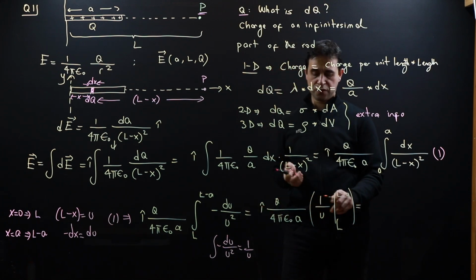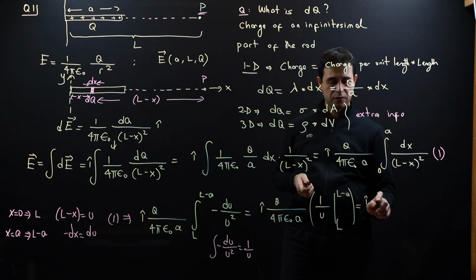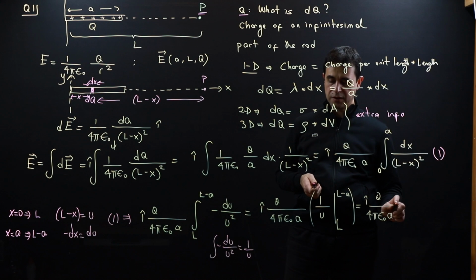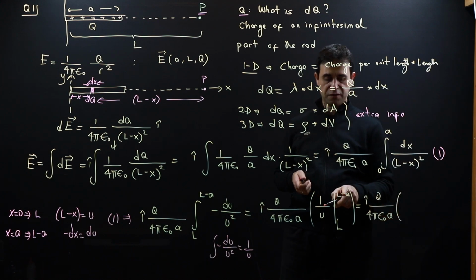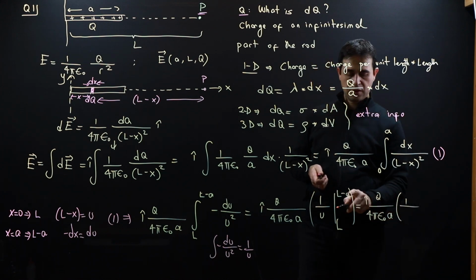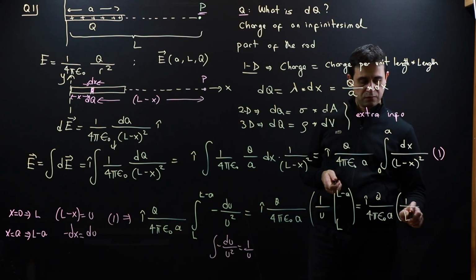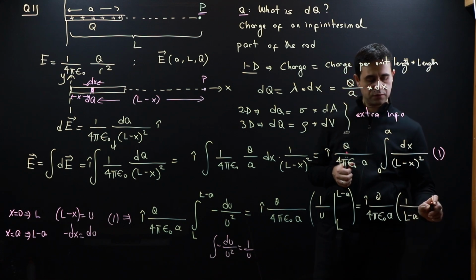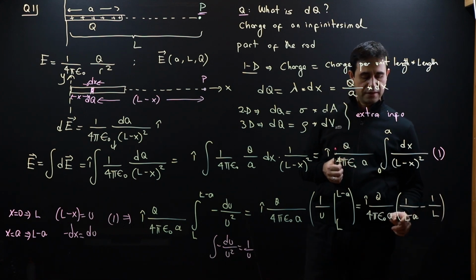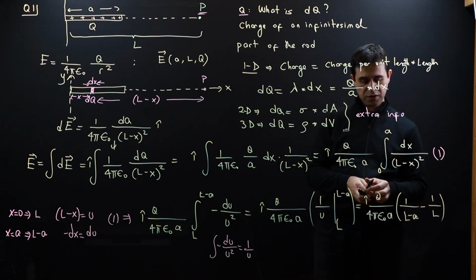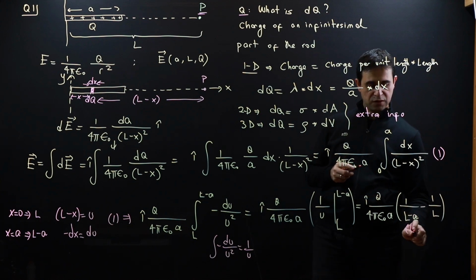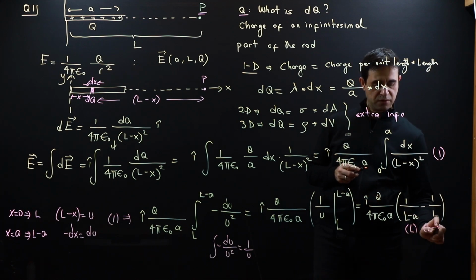If I do the math, it's i hat q, all of these terms again, 4 pi epsilon 0 times a, and if I put the upper limit, that's 1 divided by L minus a, minus, if I put the lower one, 1 over L. Now I have to equate the denominators, so I'm going to multiply this by L and this by L minus a.